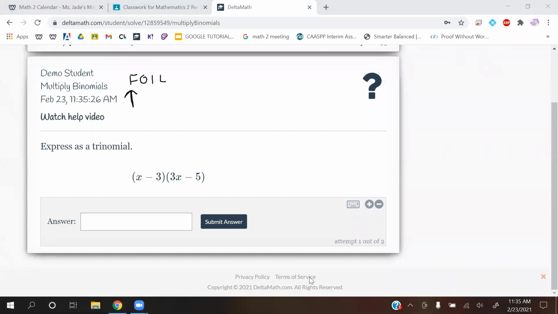Okay. F stands for first, so I'm going to do the x times the 3x, which gives me 3x squared. Then we are going to do O in FOIL, which stands for outer. So these are the outer ones, the ones on the outside of your parentheses. So x times -5 gives us -5x.